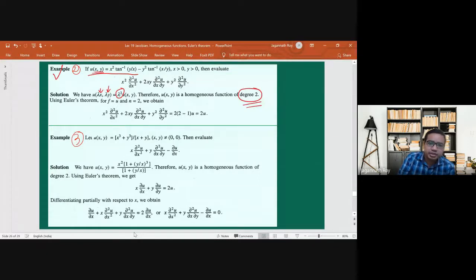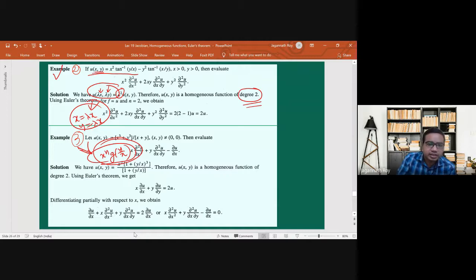Similarly, you can write it in terms of x as x to the power n g of y by x. There are two methods. Either you substitute x equals lambda x and y equals lambda y, or you write it in this form.